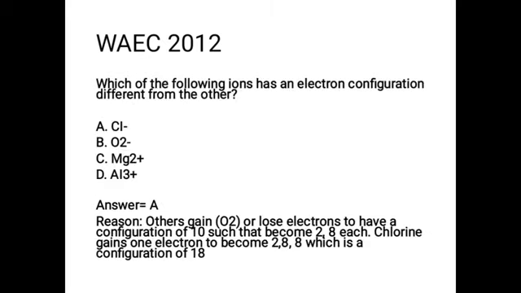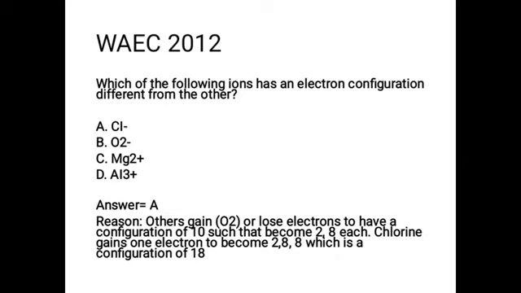Okay. Another one which I will look at is a question from WAEC 2012. It asks which ion has a different electron configuration. You will observe that A is different. In A, for instance, chlorine has accepted one electron, and then it has become 2,8,8.